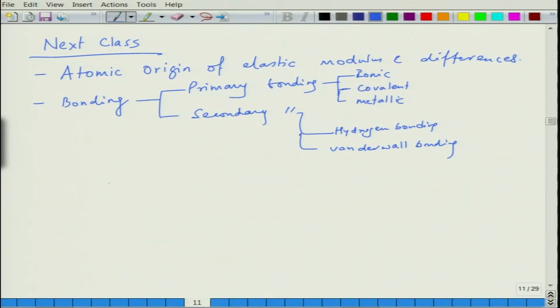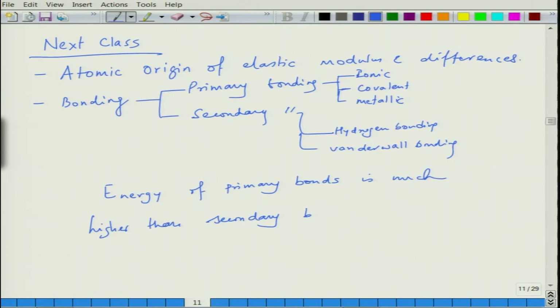In general, the energy of primary bonds is much higher than secondary bonds.